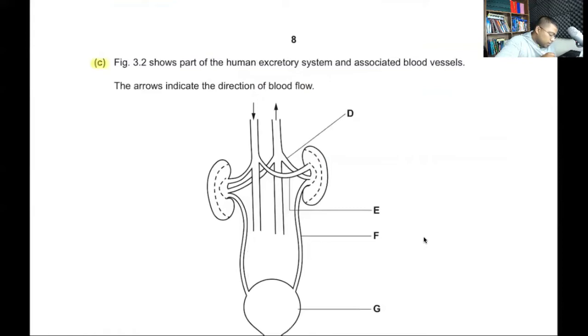Question number C. Figure 3.2 shows part of the human excretory system and associated blood vessels. The arrow indicates the direction of blood flow. So D, since the blood is going out through here, it must be renal vein. E, since the blood is coming through here, must be renal artery.